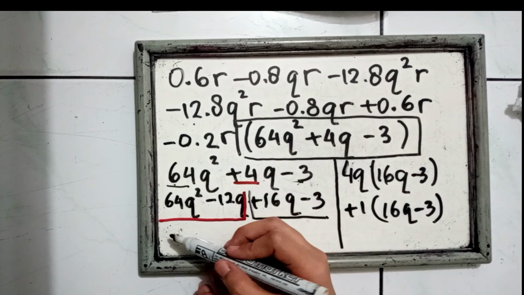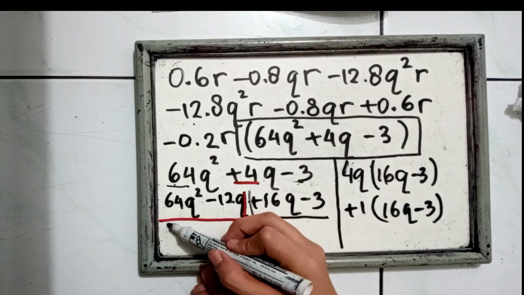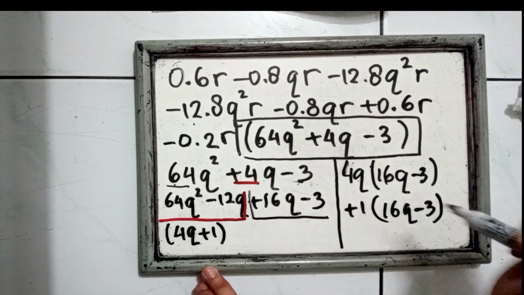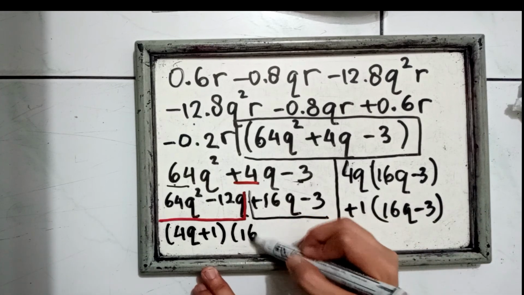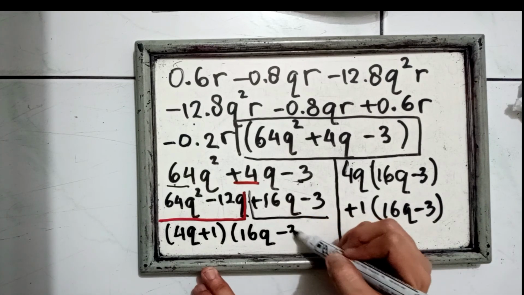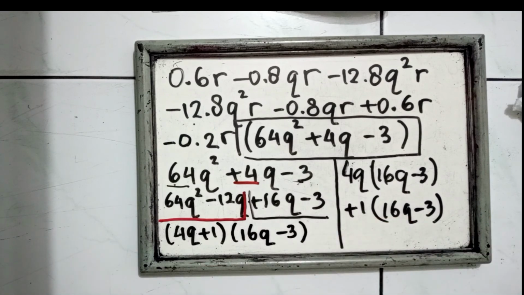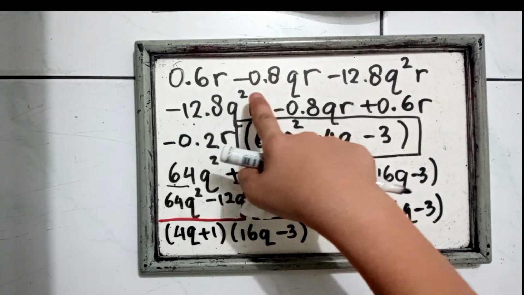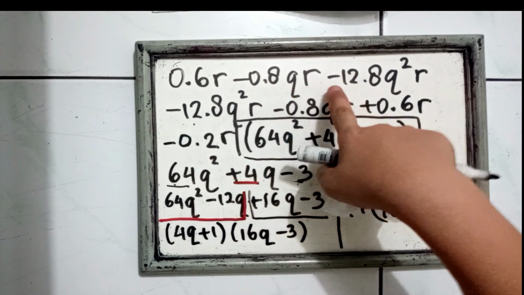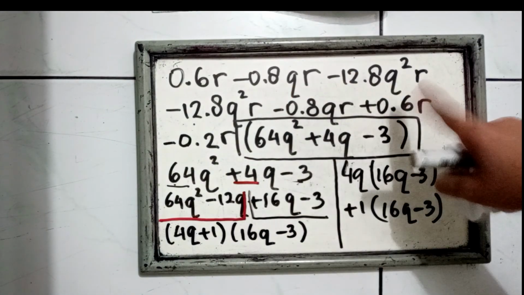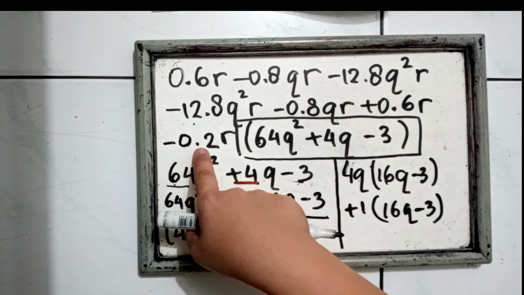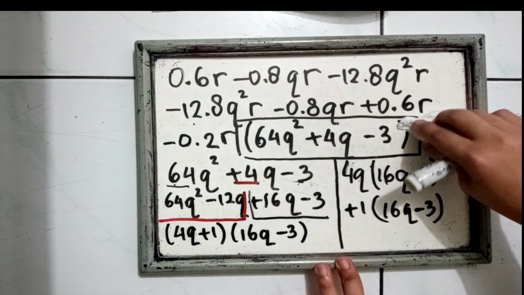If we try to factorize this, we can get 4q plus 1 times 16q minus 3. Okay, so we can take the conclusion that 0.6r minus 0.8qr minus 12.8q square r, we can factorize this to become negative 0.2r times this part.